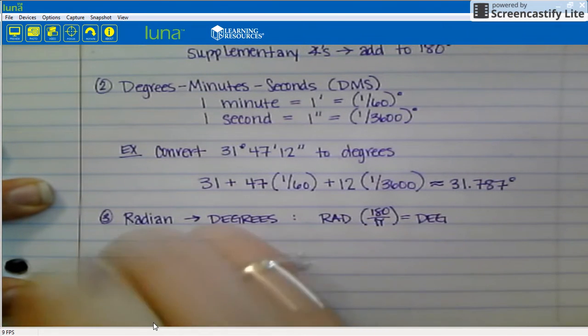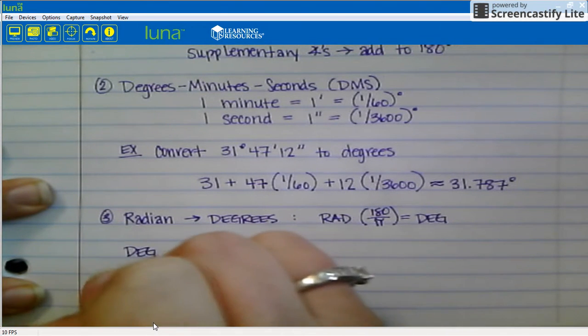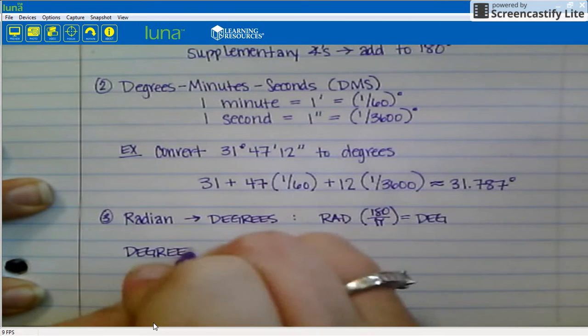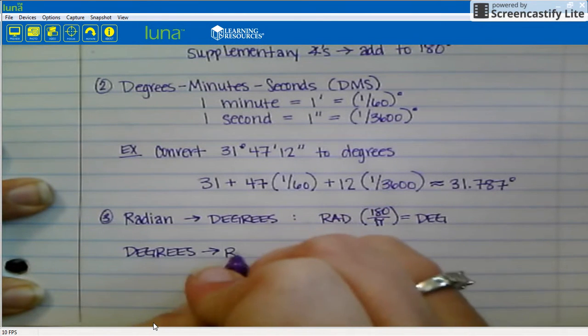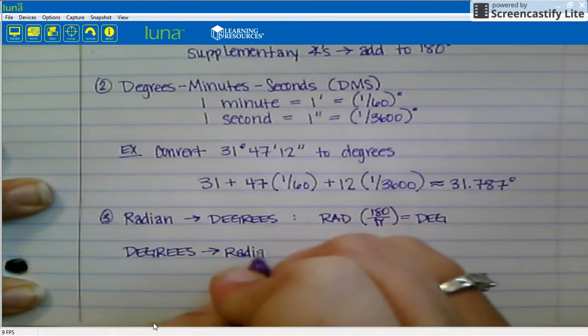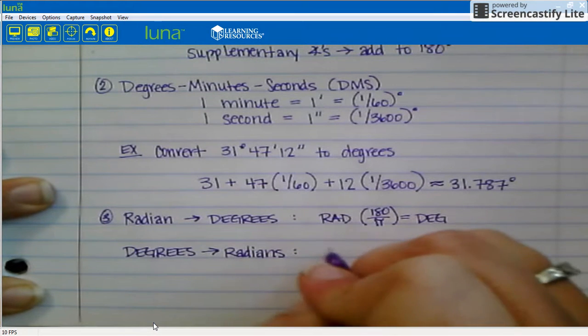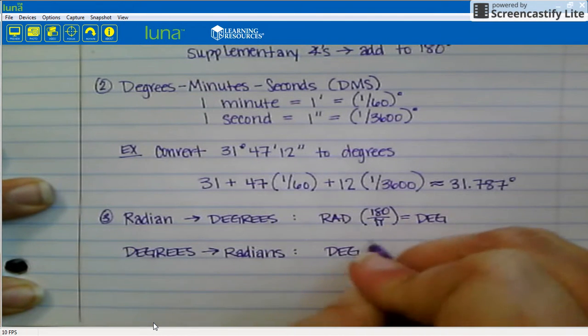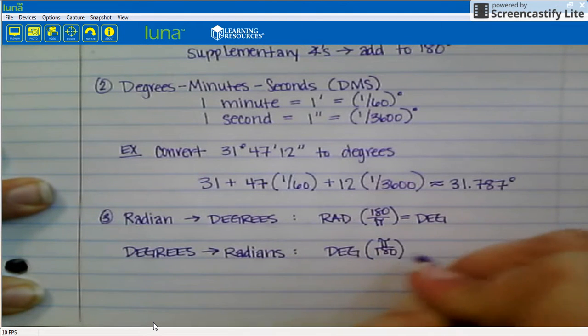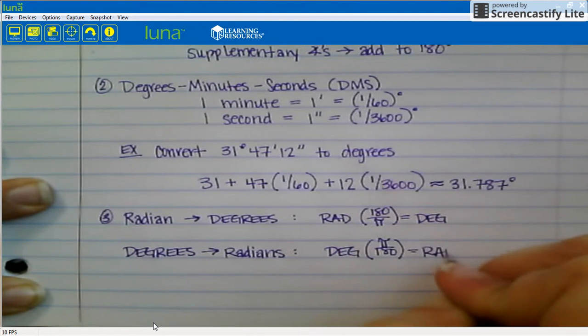If you want to convert from degrees to radians, then you take your degree measure and you multiply by pi over 180, and that will give you your radian measure.